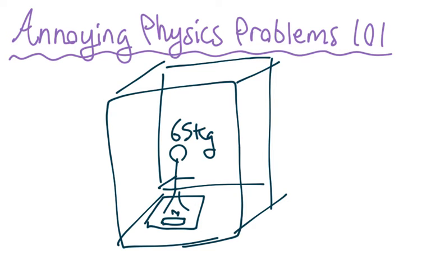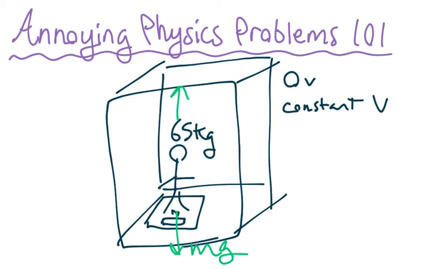So if this elevator is going zero velocity, or constant velocity, then the forces acting on this person are gravity and the normal force. That's going to be the case always. Gravity is mass times the acceleration due to gravity, and the normal force is equal to the negative of that.